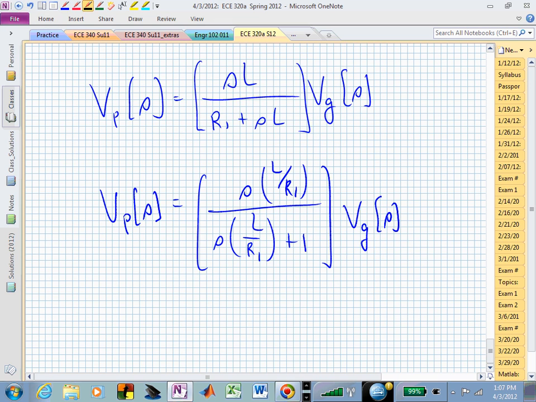Or I could have written it in pole zero form. If I factored the L out from the numerator and the denominator, I would have S over S plus R1 over L.